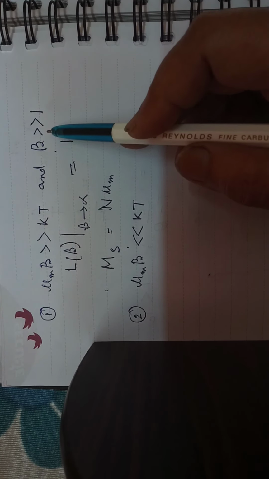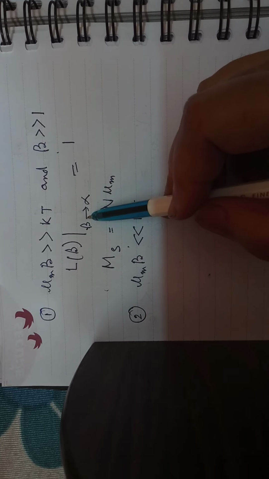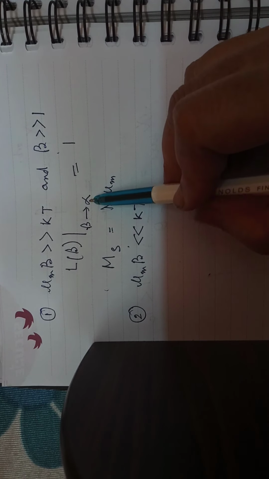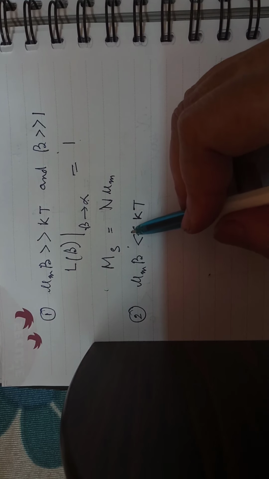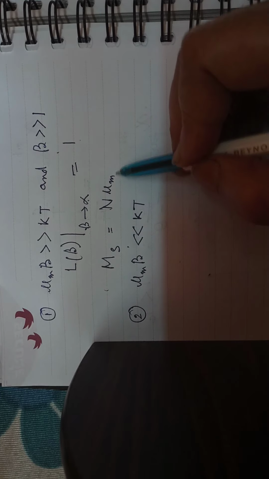When mu m B is much greater than kT, beta is much greater than 1. Suppose we take beta going to infinity, then L beta goes to 1, and we get the saturation magnetization Ms, which is given by N mu m.